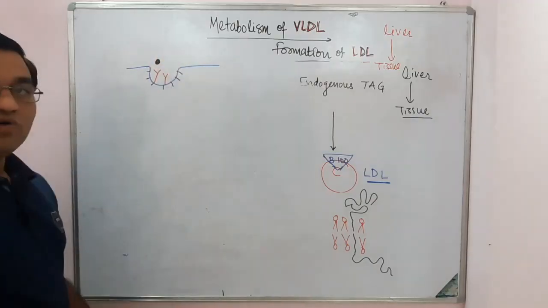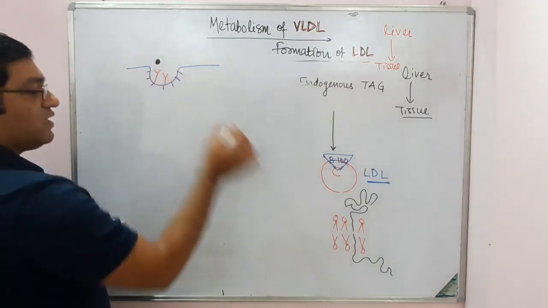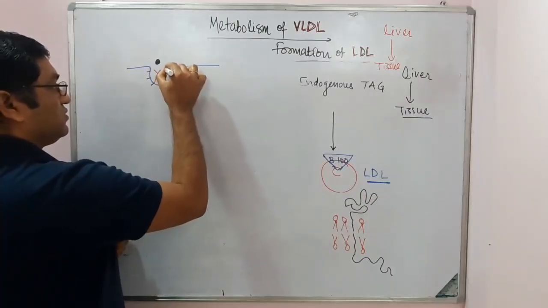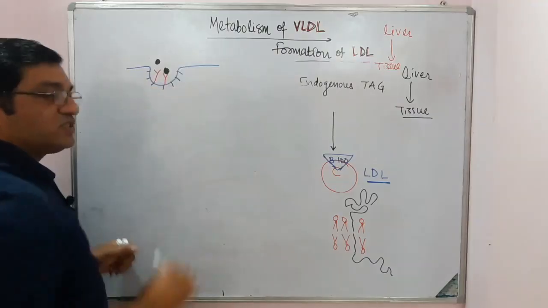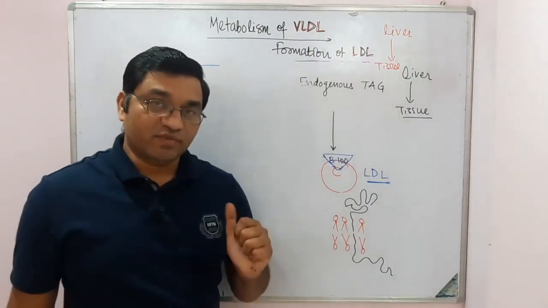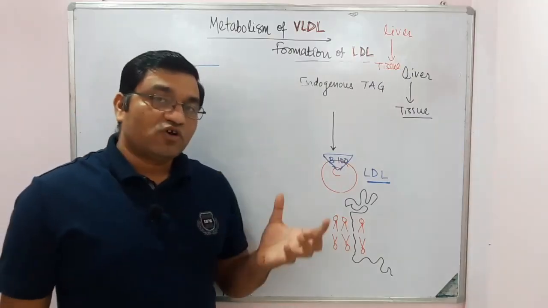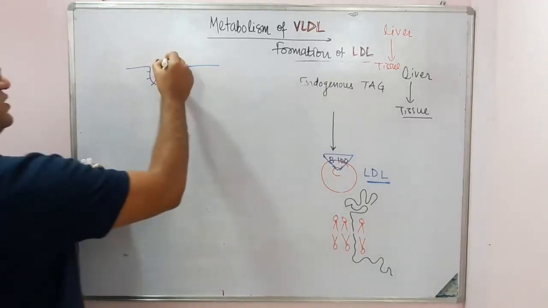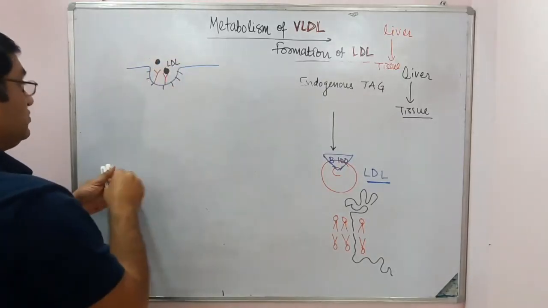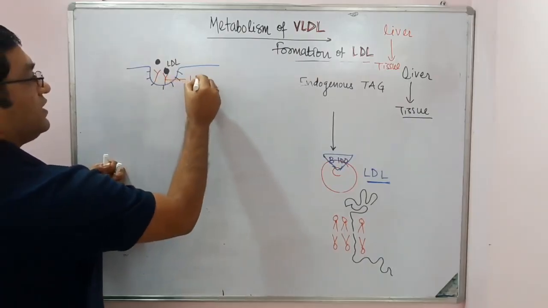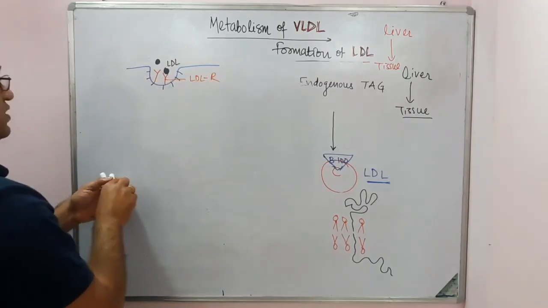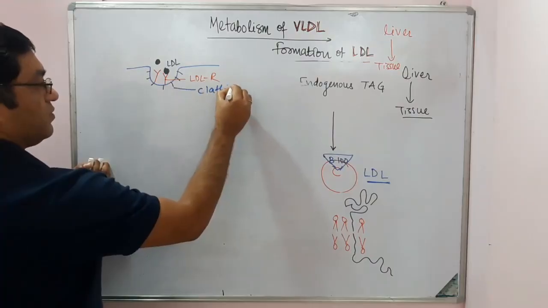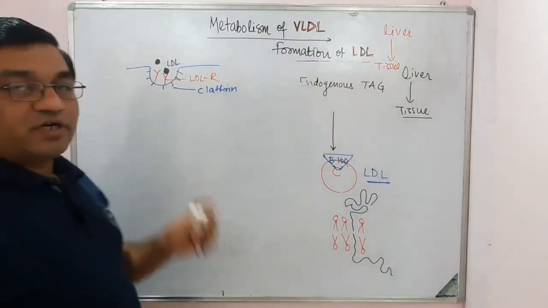The LDL binds with the receptor by its outer part, forming an LDL and LDL receptor complex. This is the LDL, this is the LDL receptor, and this is the clathrin. This is an important MCQ.